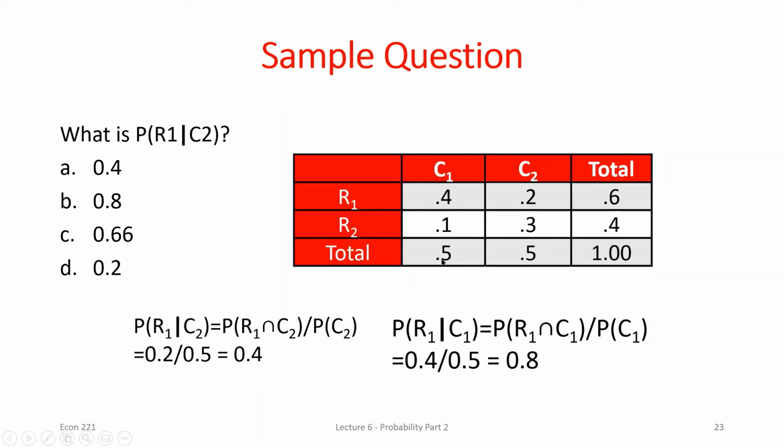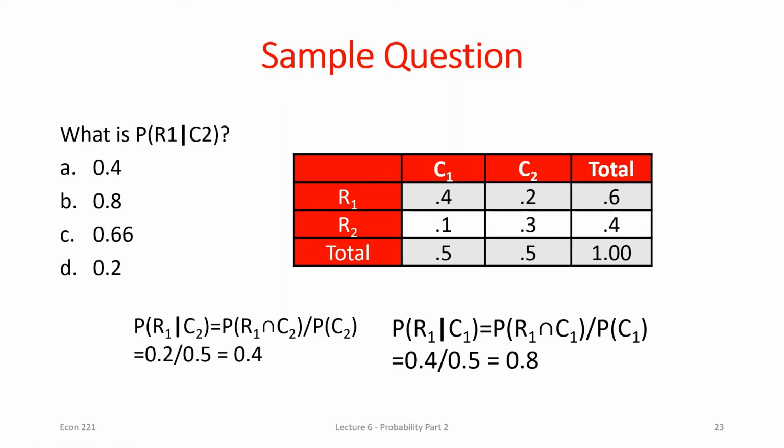But if I condition on C1, it still limits the entire experimental outcome space down to an area of 0.5. But of that remaining area of 0.5 that's in C1, 0.4 of it is in R1. So knowing that C1 has occurred, it's much more likely that R1 has also occurred, right? Than if I tell you C2 has occurred, it's not nearly as likely. Only half as likely, or the probability is half as large.